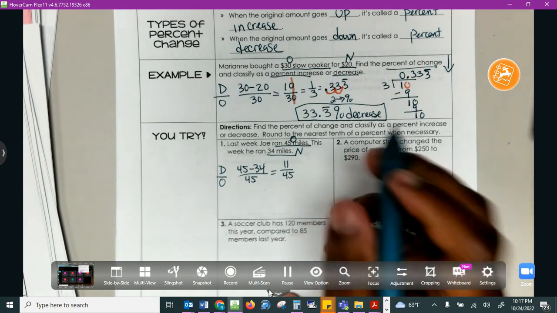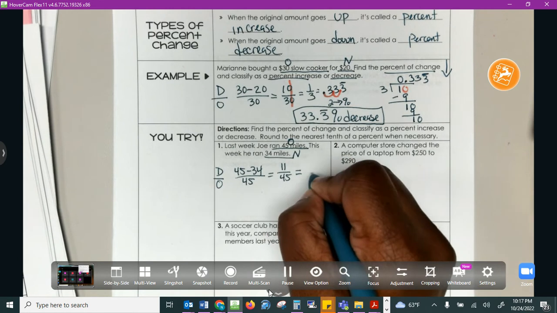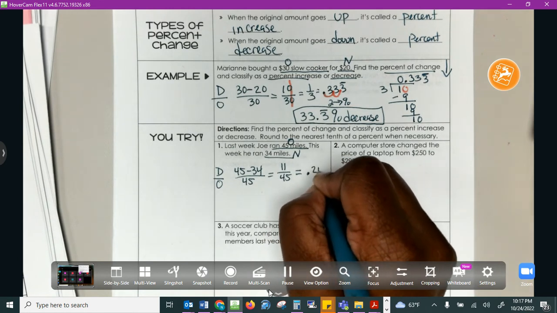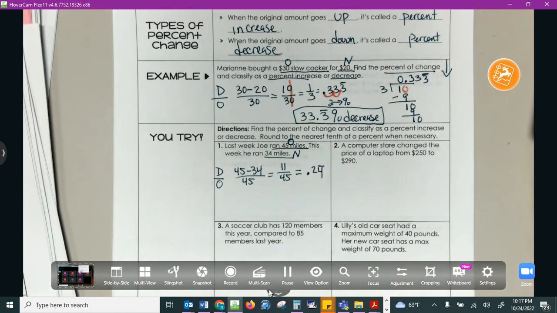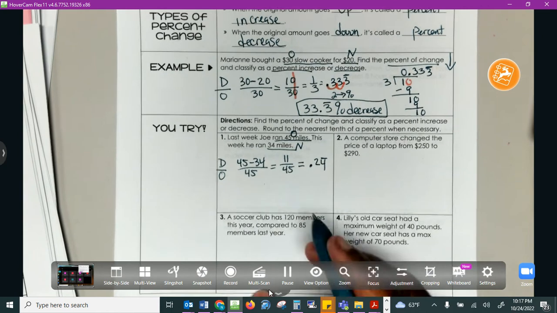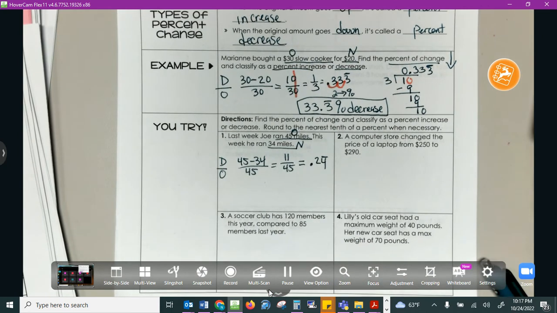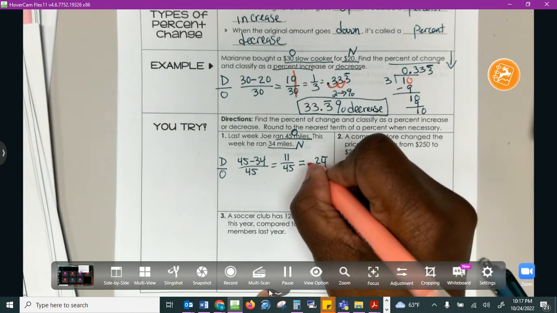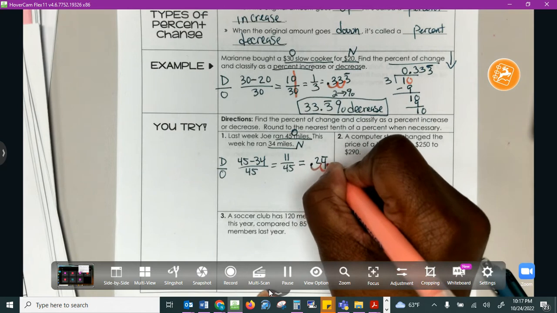11 over 45 decimal equivalency is actually just 0.24 repeating. So what would that look like as a percentage? Well, remember, we're going to move the decimal place 2 times.